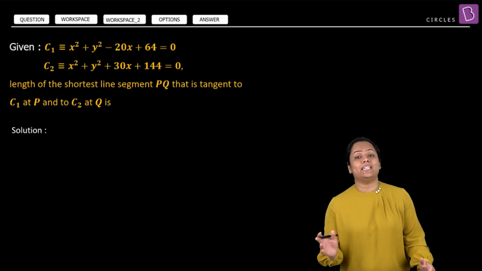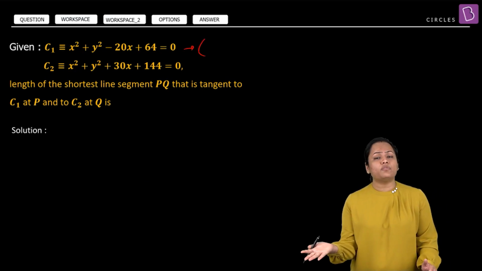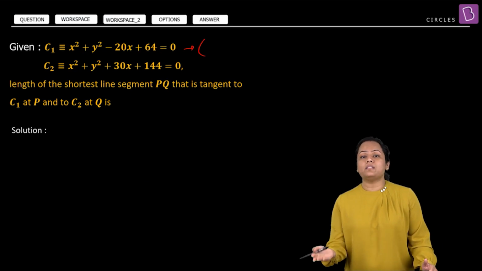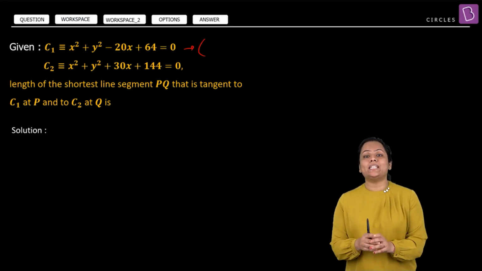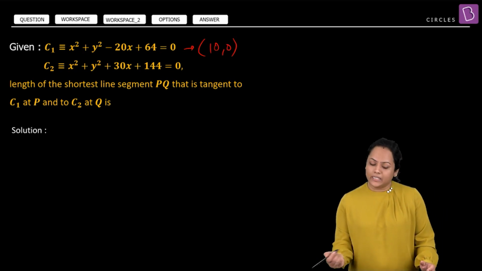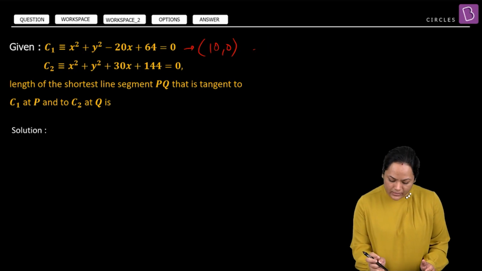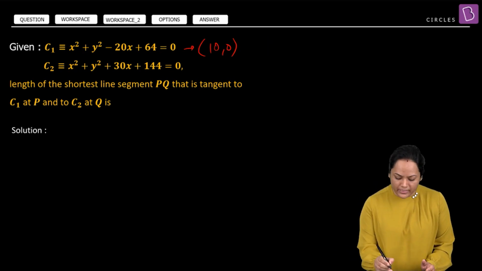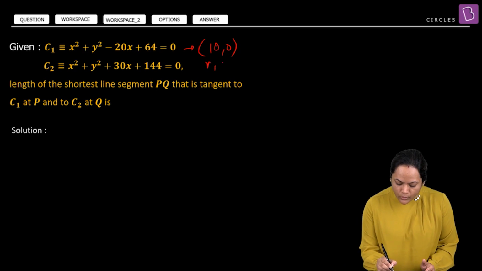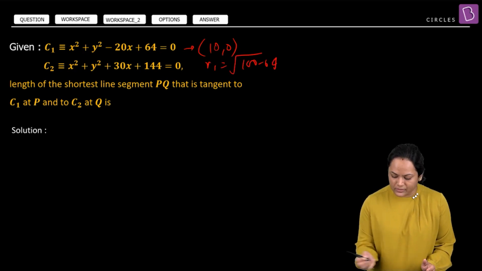Definitely, I can find the center and radius. So for the first circle, I can say the center will be minus half the coefficient of x, comma, minus half the coefficient of y. In this case, it will be 10, comma 0. That's correct. Similarly, we can find the radius. The formula is root over g square plus f square minus c. So if I want to find R1, it will be root over 100 minus 64.